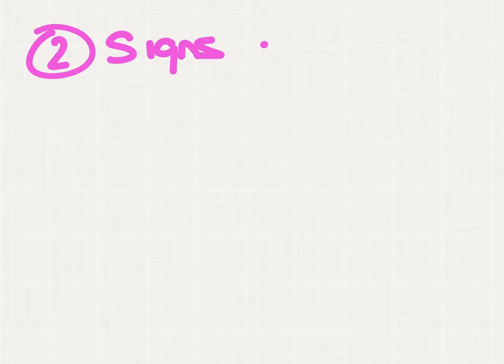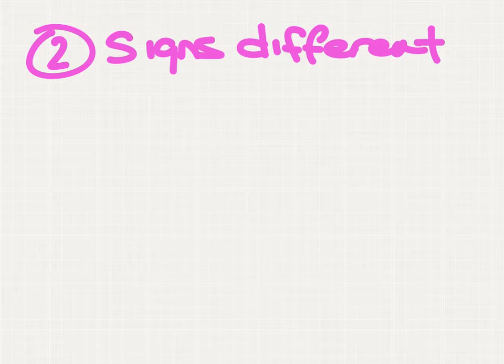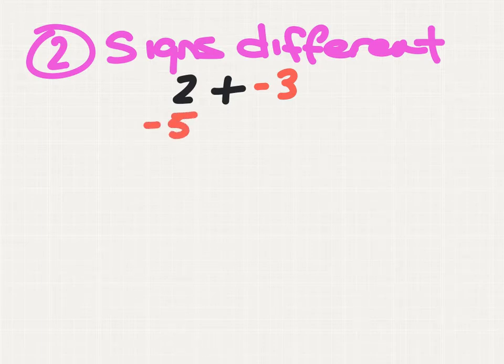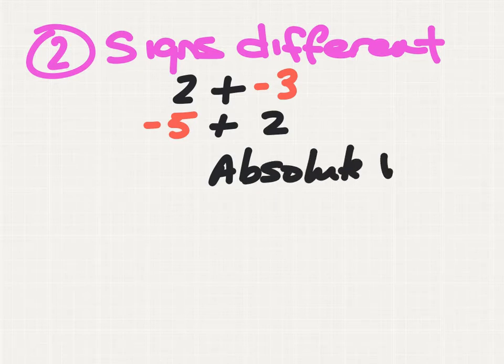Now, of course, the second step says, what if the signs are not the same? What if the signs are different? If I'm adding 2 plus negative 3, or if I'm adding negative 5 plus 2, then I'm supposed to find the absolute value of both integers.